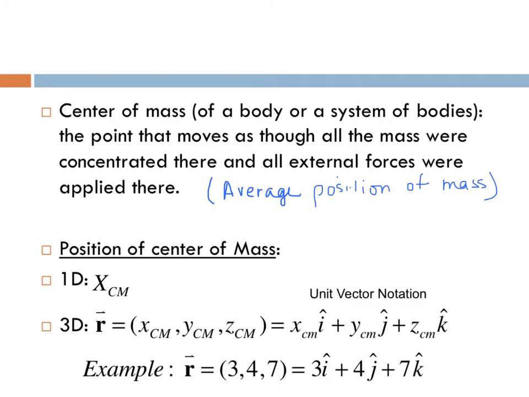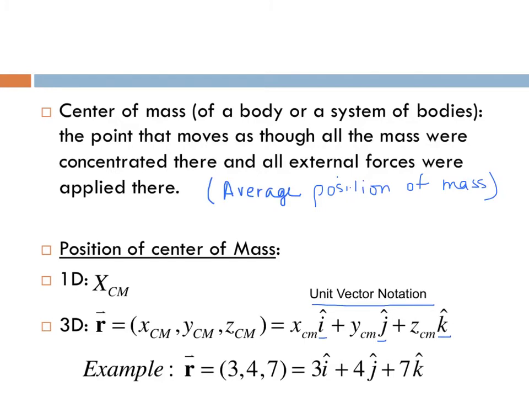Now, down here, we have a slightly different notation than we've seen before. This is called unit vector notation. All this means is that this i, j, and k just represent the direction that these numbers are going in. So down here, you have a 3 in the x direction, a 4 in the y direction, and a 7 in the z direction.